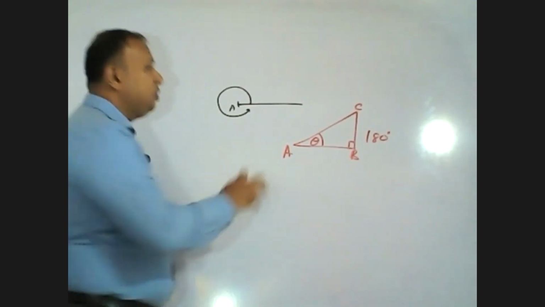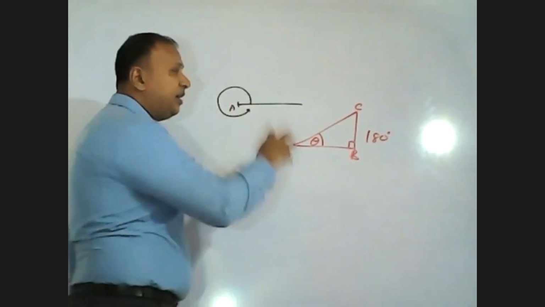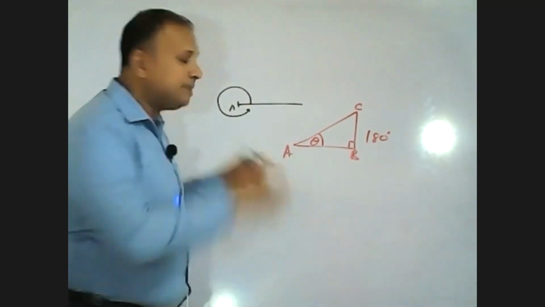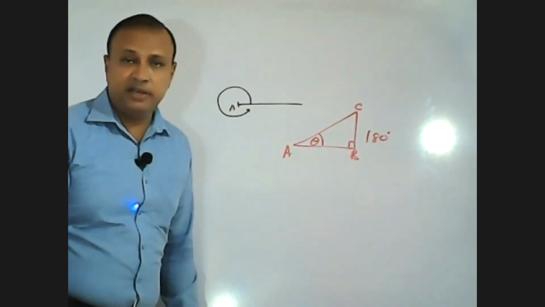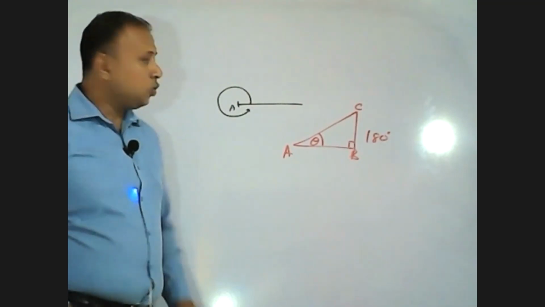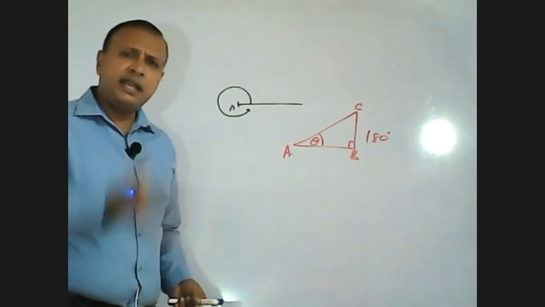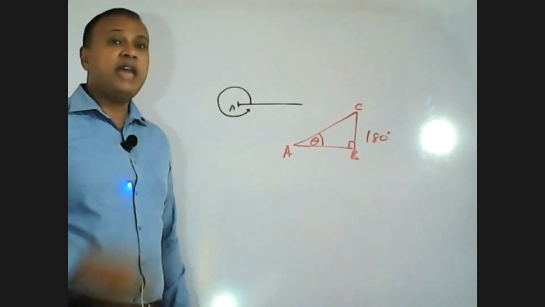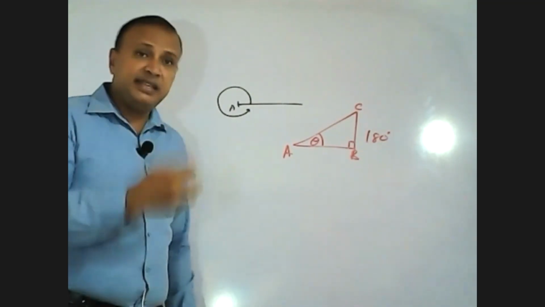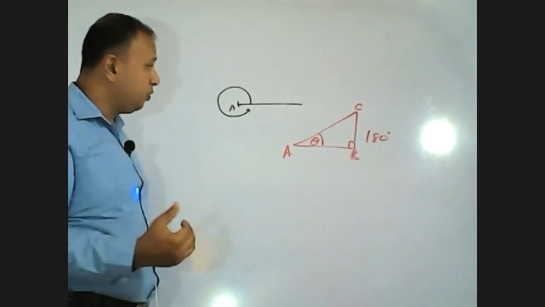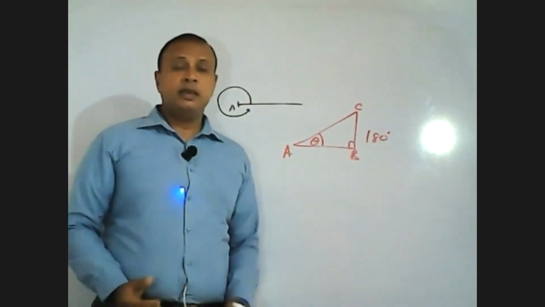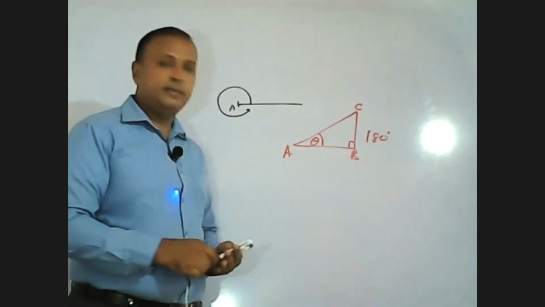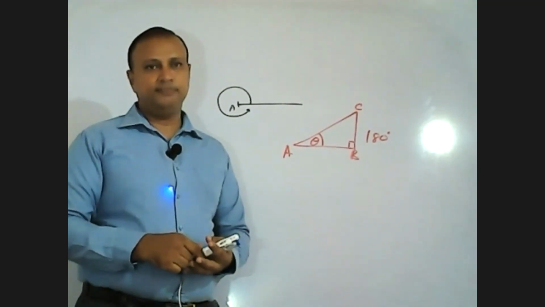Therefore, as there are infinite numbers of angles, we have to use another method to define trigonometric ratios.